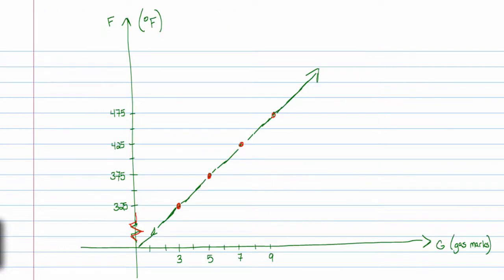Well, let me get a clean piece of paper here. I know Fahrenheit is equal to 25 G plus 250. If I'm going to let G equal 6, in other words 6 gas marks, that's just plugging that in. 6 sets of 25 is 150.